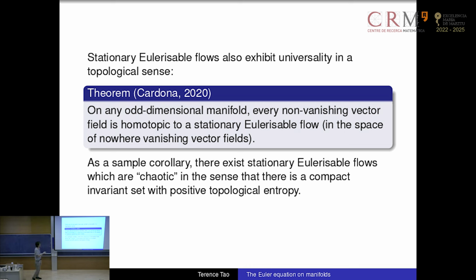One consequence of this is that you can realize any topology you wish. In particular, you can create chaotic flows with positive topological entropy.